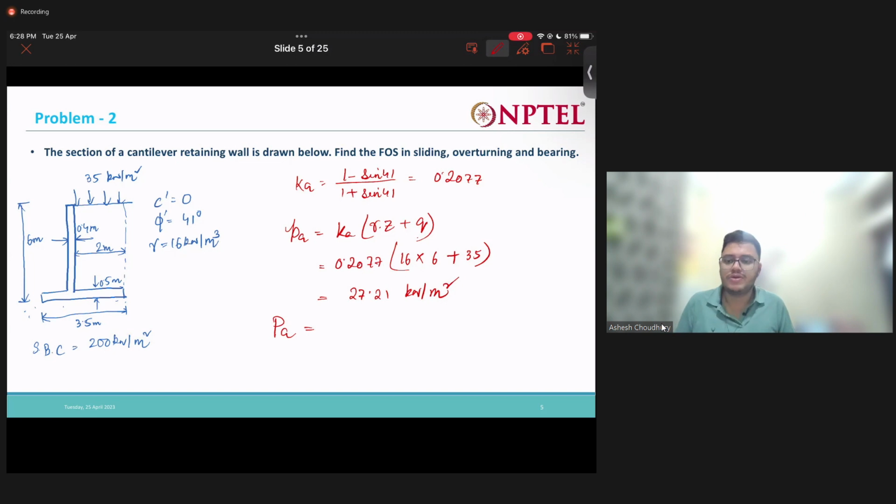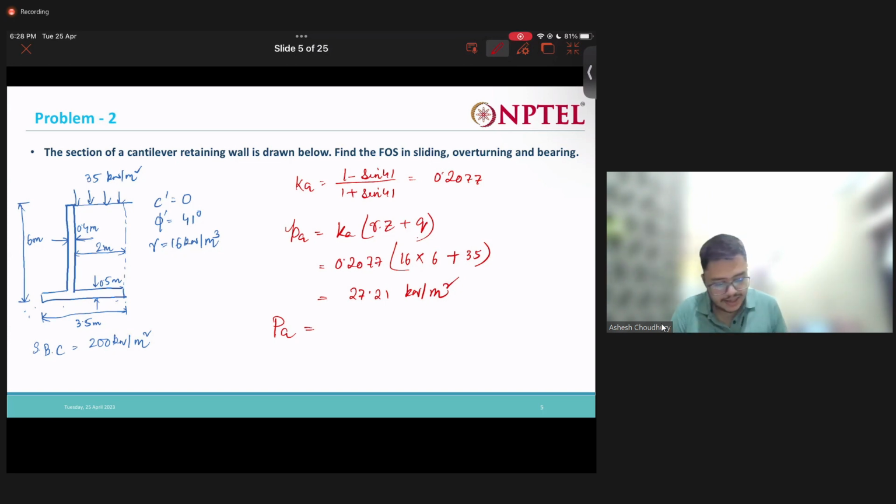Remember that, right? And we will be assuming that our wall is smooth. All right, so our wall is smooth. We will be considering that. So what is capital PA? There is some Q part and there is one triangular variation, like the previous problem, right?